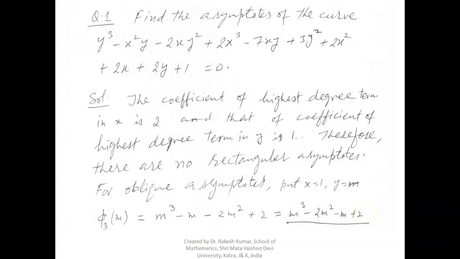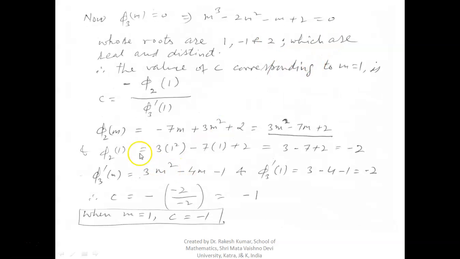Similarly, what is phi 2(m)? Those will be the second degree terms: minus 7xy plus 3y square plus 2x square. Now put y equal to m and x equal to 1, and we get phi 2(m) equal to minus 7m plus 3m square plus 2.